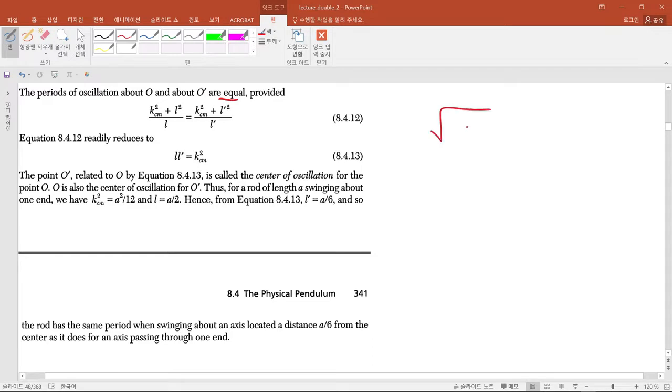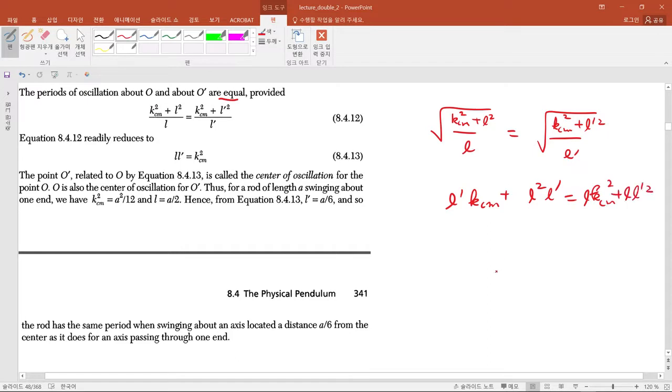Remember this is k center of mass squared plus l squared over l, which is equal to k center of mass squared plus l prime squared over l prime. If you cross multiply, you have l prime times k center of mass squared plus l squared l prime equal to l times k center of mass squared plus l prime squared l. Let's push this over: l prime minus l times k center of mass squared equals l prime squared l minus l squared l prime, which gives you l l prime times l prime minus l.